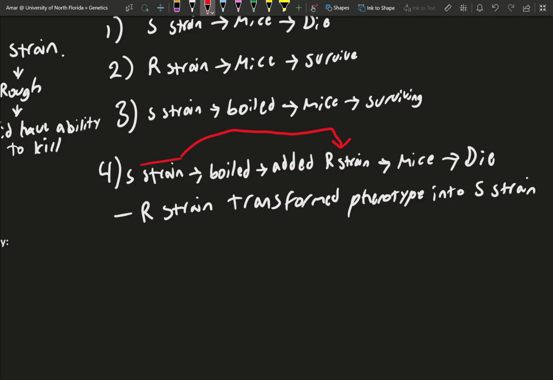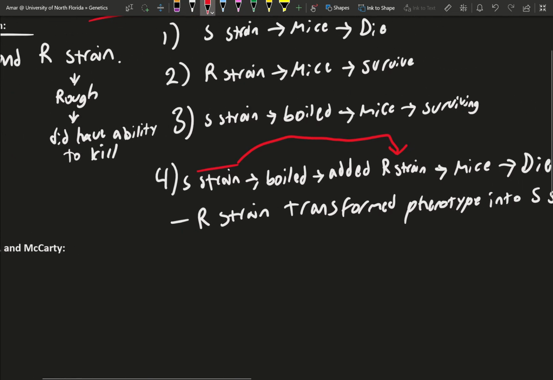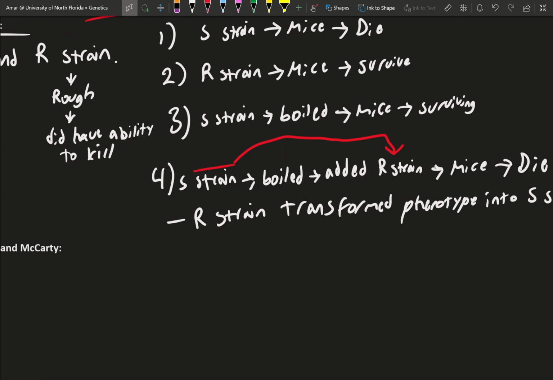What his experiment allowed us to do now, which we will go over with Avery, MacLeod, and McCarty, was that something in this S strain allowed the R strain to be reverted back into a lethal form, and we should figure out what that exactly is.